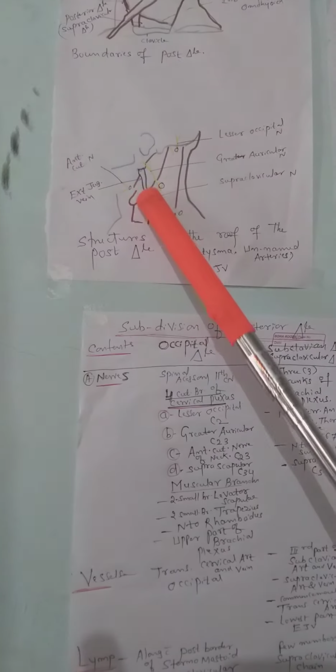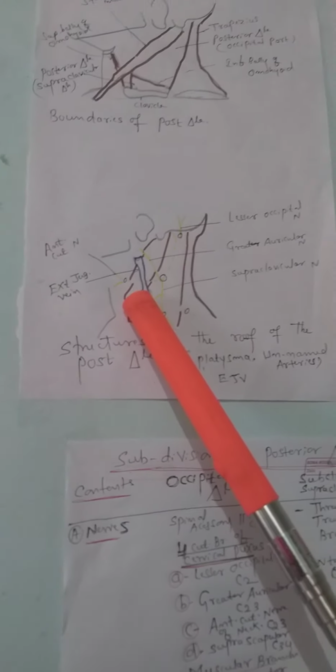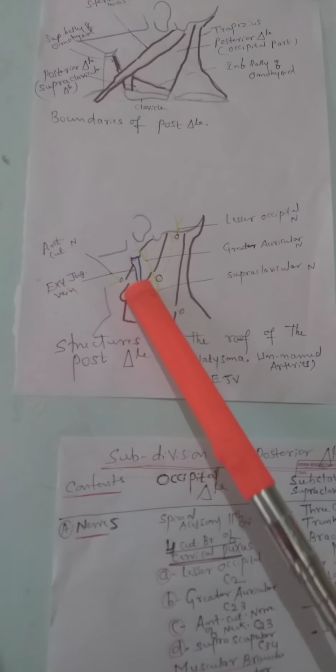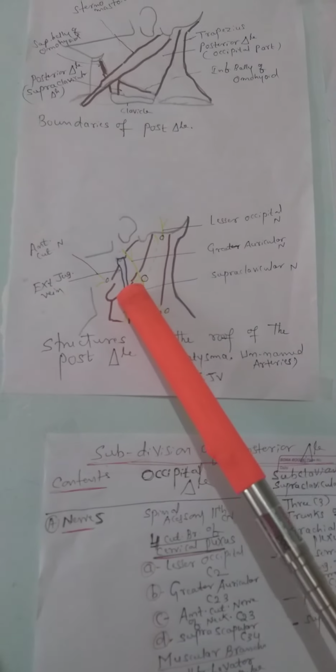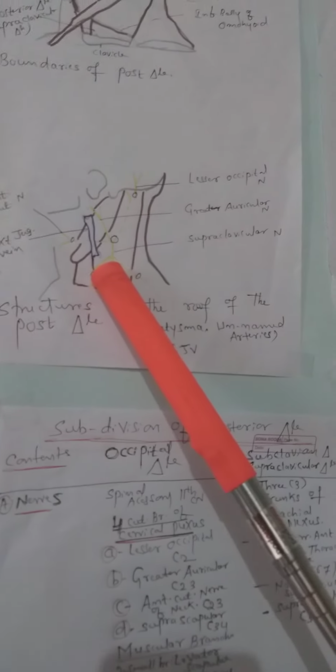The external jugular vein opens into the subclavian vein. You can see the subclavian vein here.